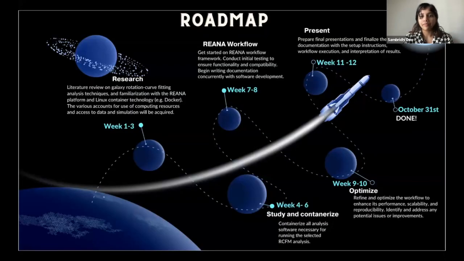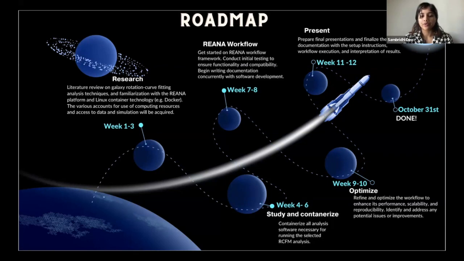So my roadmap for this project was, for weeks 1 to 3, I did a literature review to understand galaxy rotation curve fitting models and dark matter searches, and to get familiar with the tools that I'll be using. For weeks 4 to 6, I studied all the target analysis. I asked several questions to my mentors, and they were really helpful throughout this process.